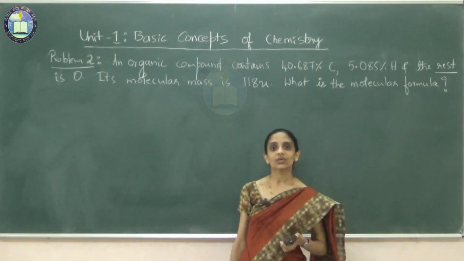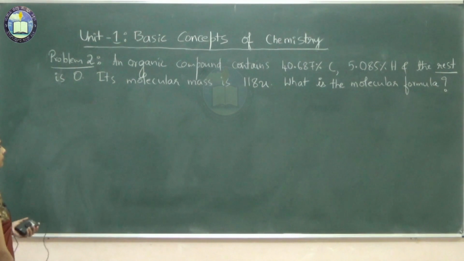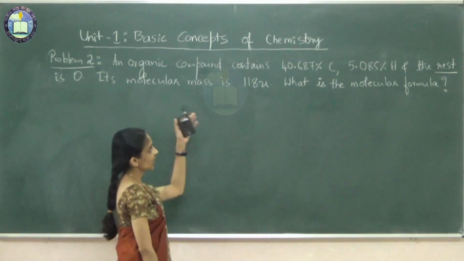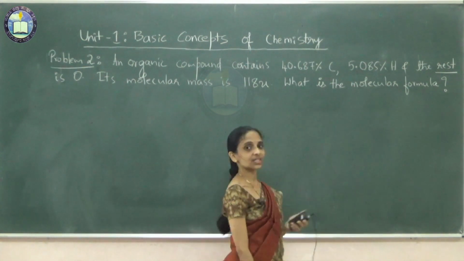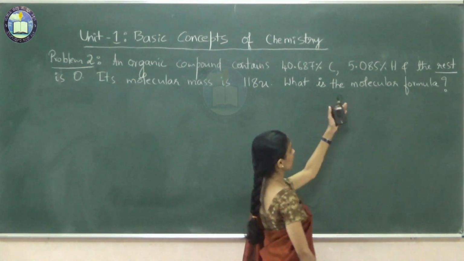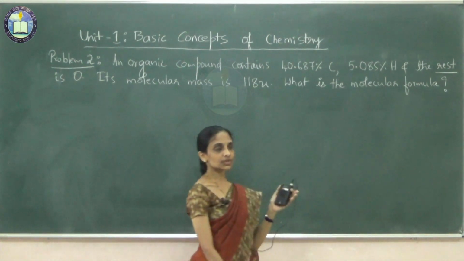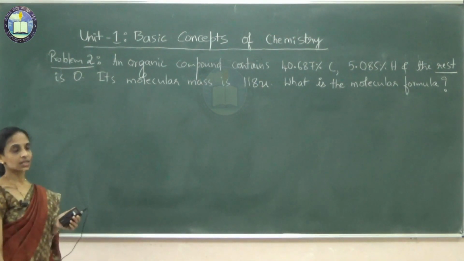Now let us solve a second problem. In this problem, an organic compound has in it 40.687% carbon, 5.085% hydrogen, and the rest of it is oxygen.